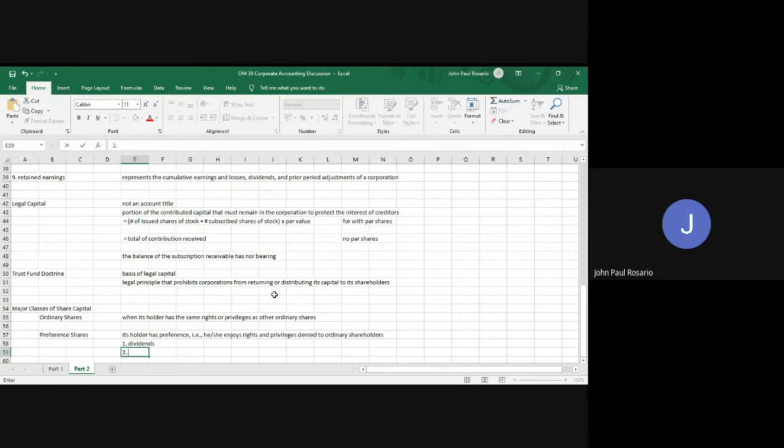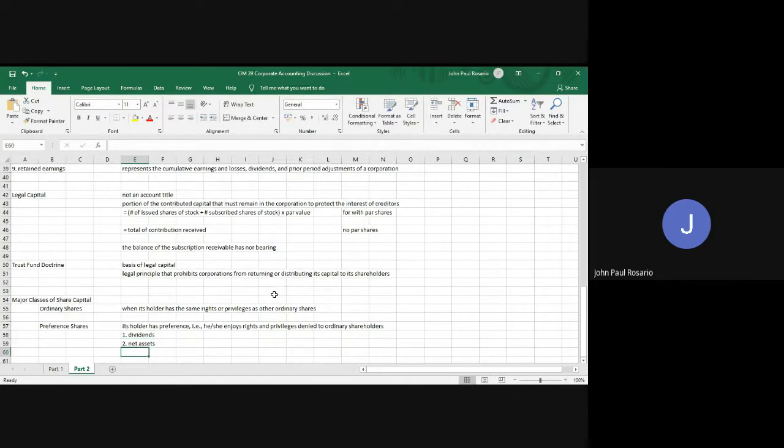Okay, that's dividends. And then we have net assets. Net assets is when kung mag-dissolve na si corporation or mag-liquidate, after mabayaran ang mga gipang-utangan, una bayaran si preference kaysa ordinary, tas ang mabilin muna pulay na ang bahinan ni ordinary.